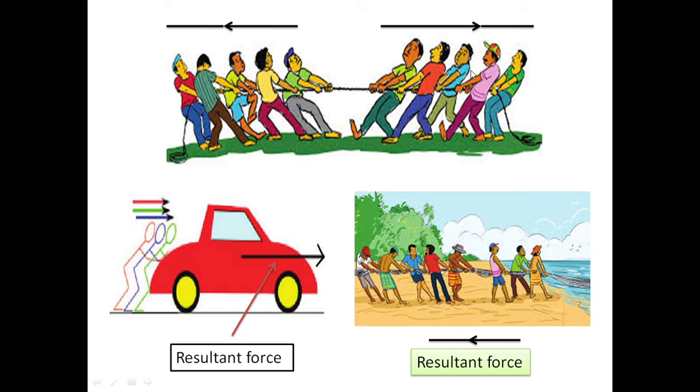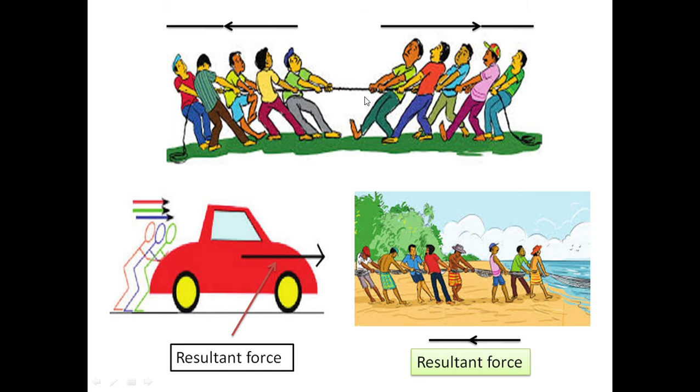Though there are many people, the forces applied on the rope are only two forces. They are resultant forces. Right. So if these two are equal, the rope will not move to either right or left.